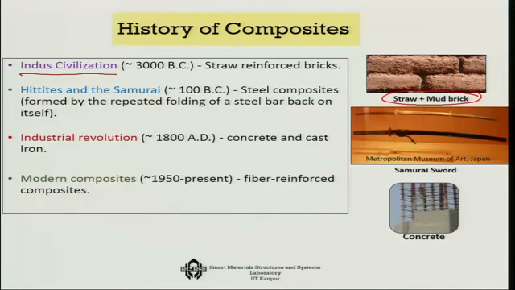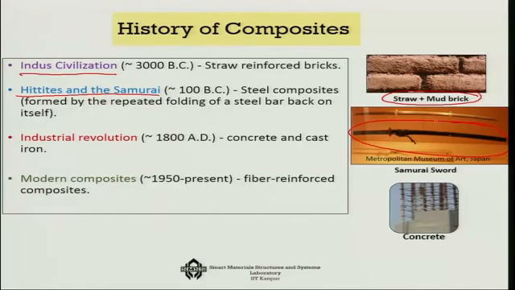Another interesting example of the composite is the samurai's steel composites, which is of course used for the famous samurai swords. There the steel composites, you may say that's the beginning of something like cast iron kind of things, but they have two different types of metals or metallic systems which are actually bonded together through heating and beating procedure.